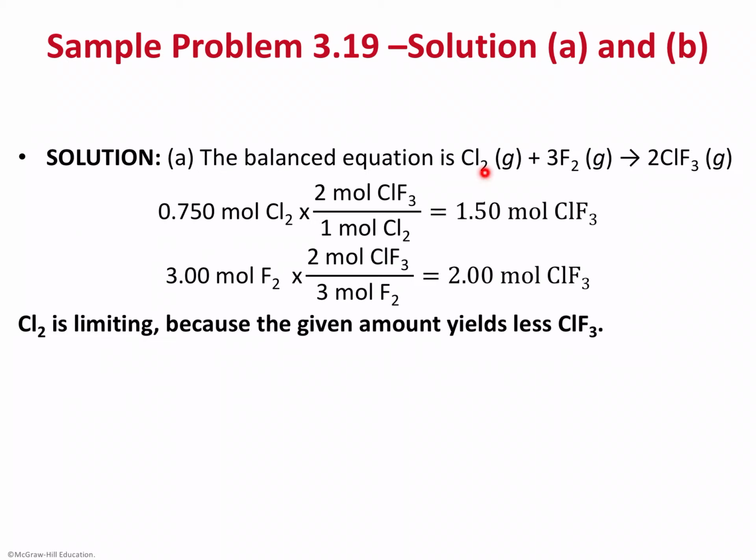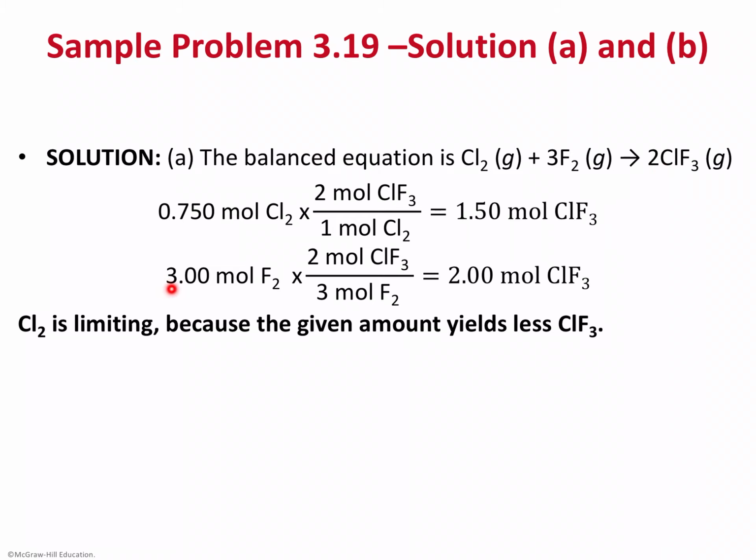Okay, same balanced equation. We start with 0.750 moles chlorine, and the molar ratio is 1 mole chlorine gives you 2 moles ClF3. So 1.5 moles ClF3 that you can form, and then with 3 moles fluorine, the ratio is 3 to 2, 3 moles fluorine to 2 moles ClF3.